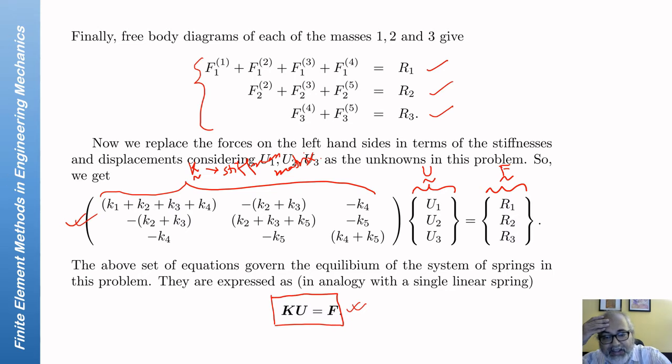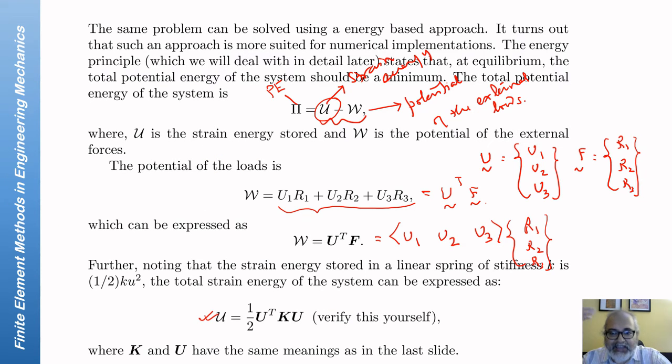In finite elements, we always take the energy route, and there are very strong reasons in favor of that. We will discuss those later as we go along. I just wanted to give you a flavor of how these equations can be formulated.